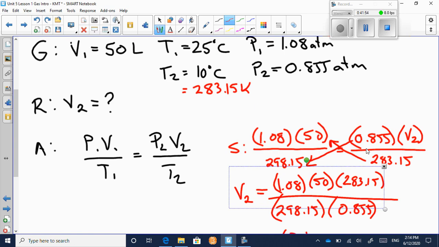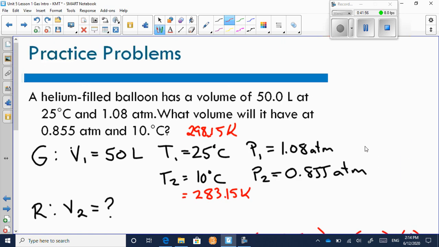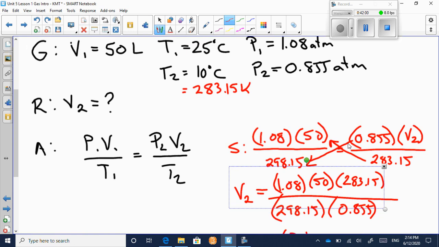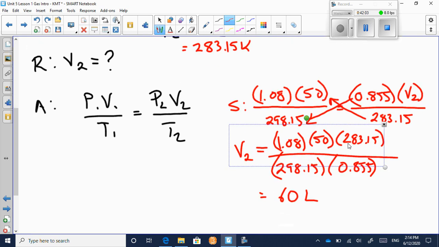Okay, so that's showing the application of the combined gas laws, combining a bunch of these changes within a given amount of gas. So I haven't changed the number of moles.